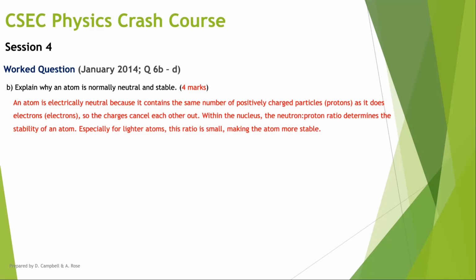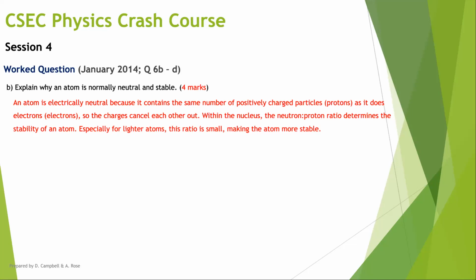If there are too few or too many neutrons, as was mentioned earlier, the atom becomes unstable. So for the heavier elements like uranium and lead, because the neutron to proton ratio gets larger, the atoms become less stable.